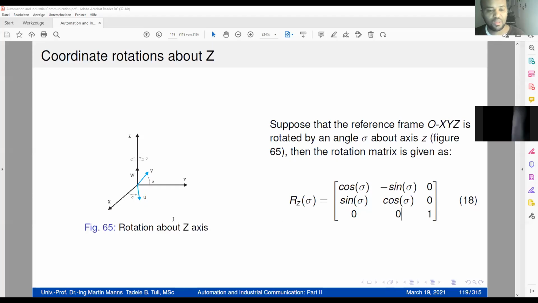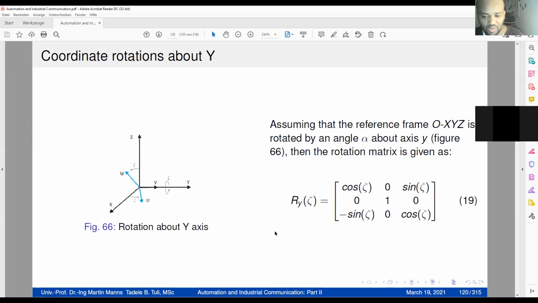Now, coming back to our theory, along the z-axis we said that only the values along x and y will consider the changes. The changes along x and y positions, the orientation of course, and then the z-axis will remain constant. This is actually a unit vector. It doesn't give us some value.